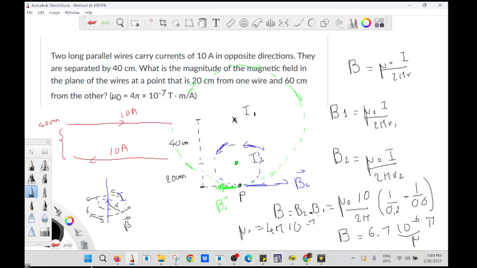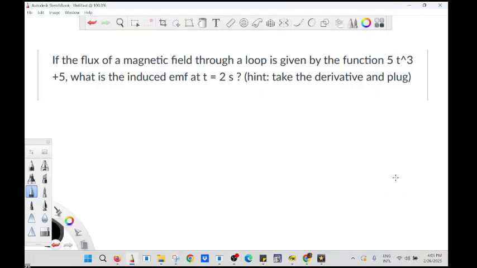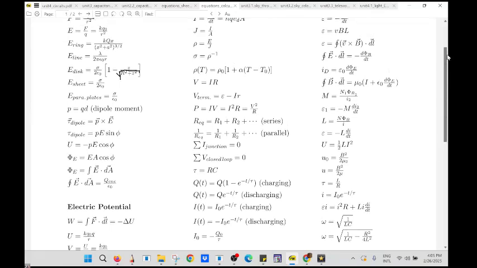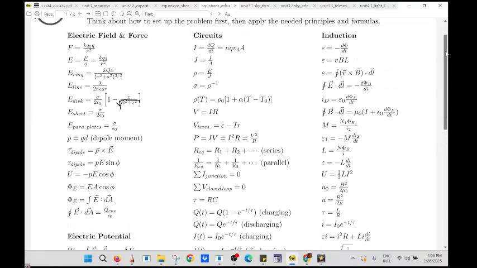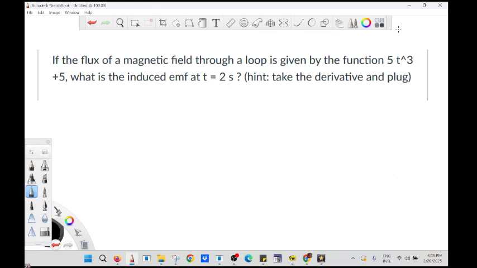So as long as you do your diagram, it's not bad. So this one is just to remember the equation. So it's Faraday's law of induction. You see the EMF is d phi over dt. So the flux here of the magnetic field is given by 5t to the third plus 5.